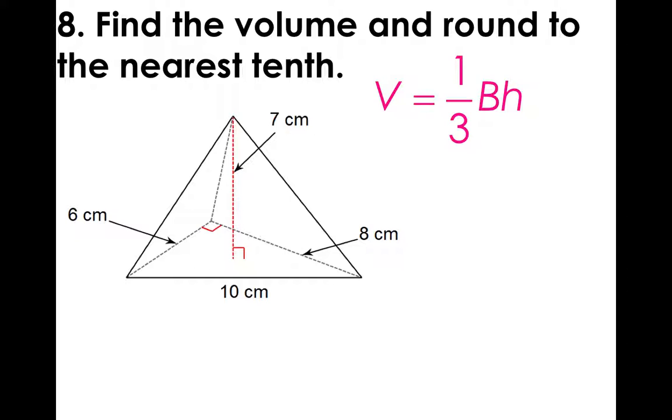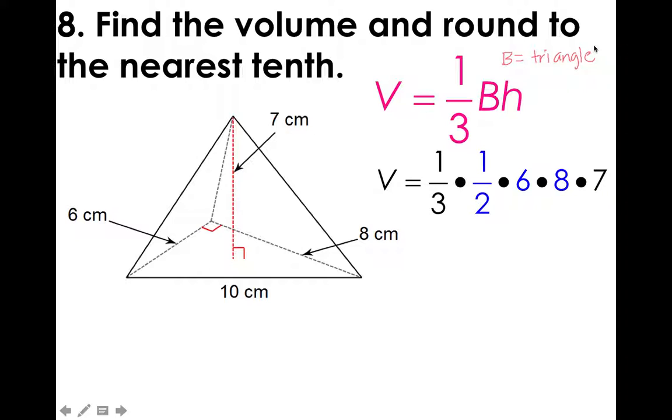Let's look at number 8. Same process. Find the volume, round to the nearest tenth. Notice that in this particular case, our actual base is a triangle. And since our base is a triangle, notice what we have to do.